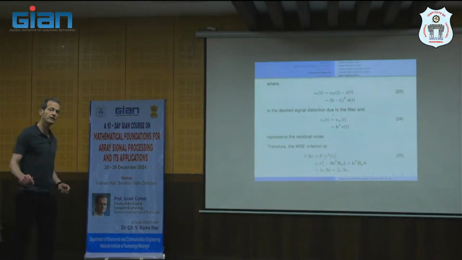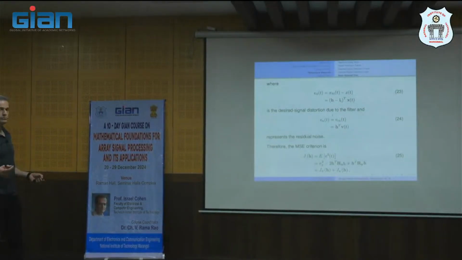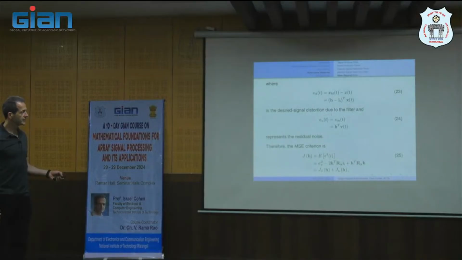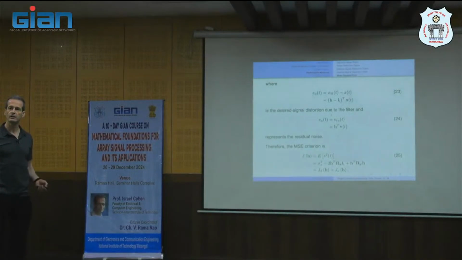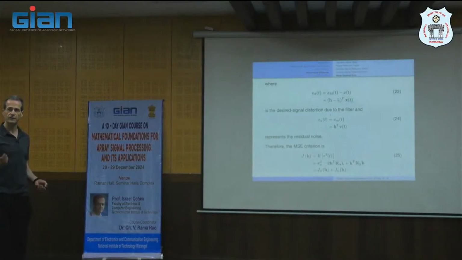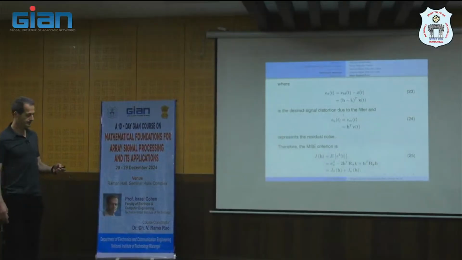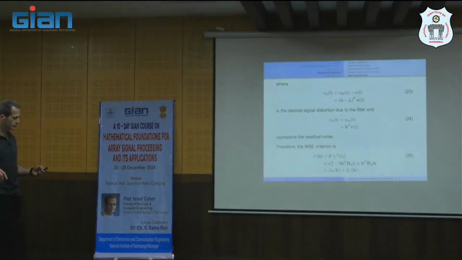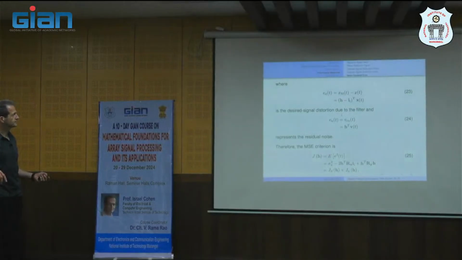If you're not familiar with how to find the derivative of such things, let me know, because you can find different formulas on the internet. There are certain rules for finding the derivative of a function of a vector, and it's very important to know these expressions.